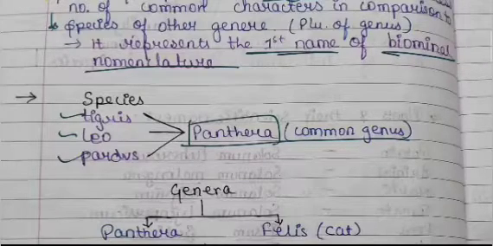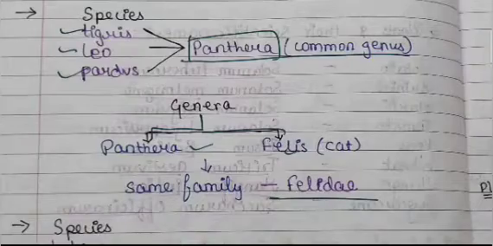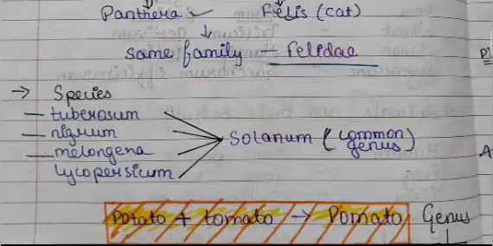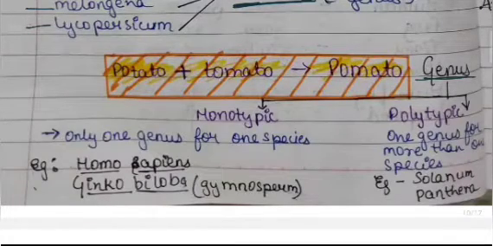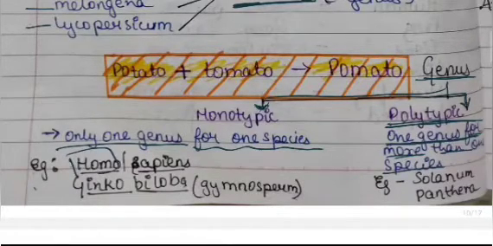Similarly, two genera, Panthera and Felis, have a common family, Felidae. In plants, the species tuberosum, nigrum and melongena have a common genus, Solanum. Genus can be classified into two types: polytypic, that is, one genus for more than one species, and monotypic, where only one genus is given for one species, like Homo sapiens.